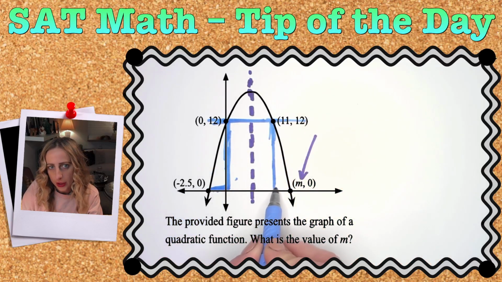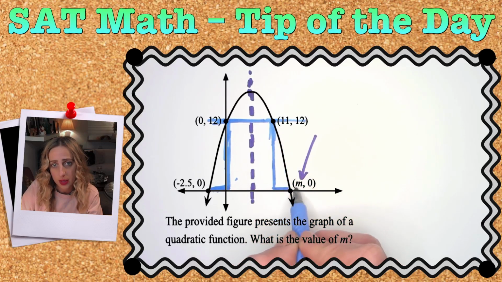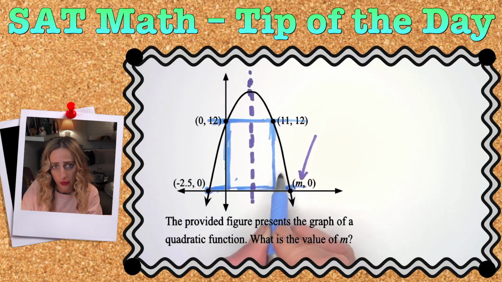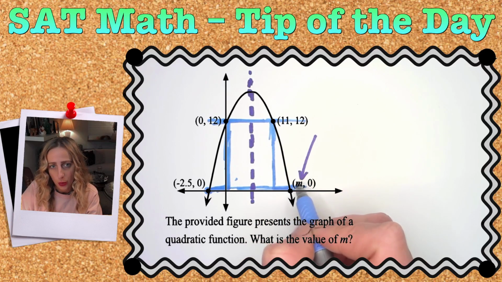That means in order to get to this point, because of the symmetry and because this ordered pair is symmetrical to this ordered pair, being that they are on the same horizontal line, where if I fold it in half, they'll be on top of each other, I'll also go down 12 and I'll go over 2.5.